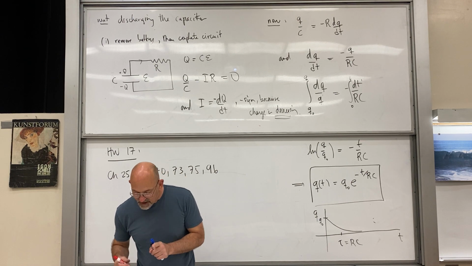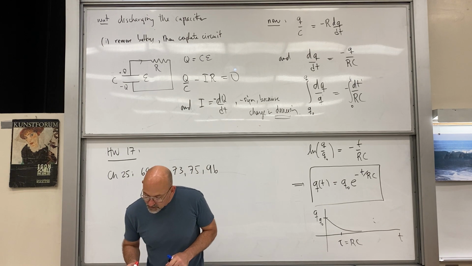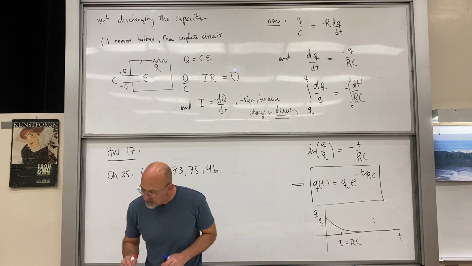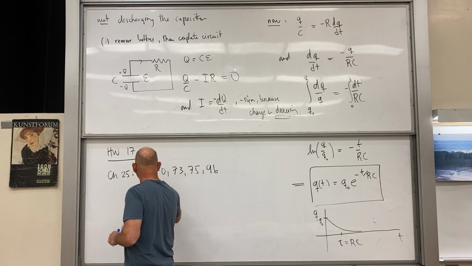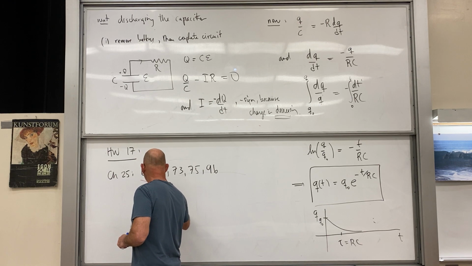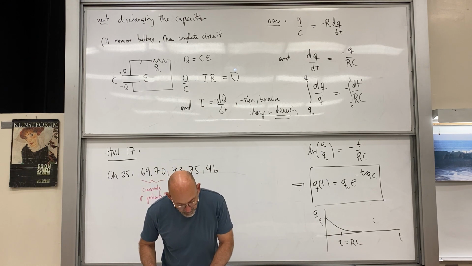So 69 and 70 are very basic current and potential drop problems. So these two are just currents and potential drops. Okay. So they don't really need much discussion.